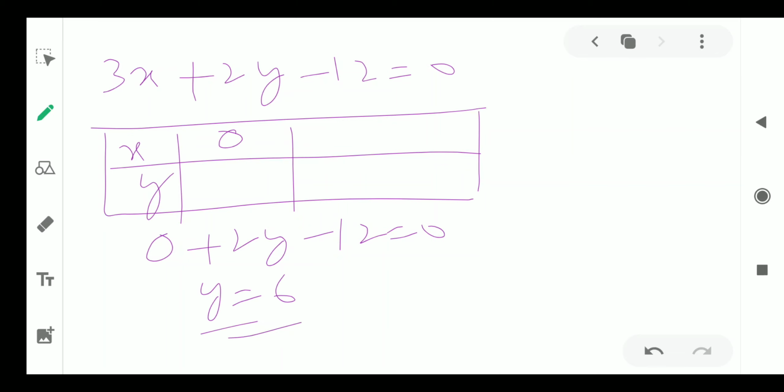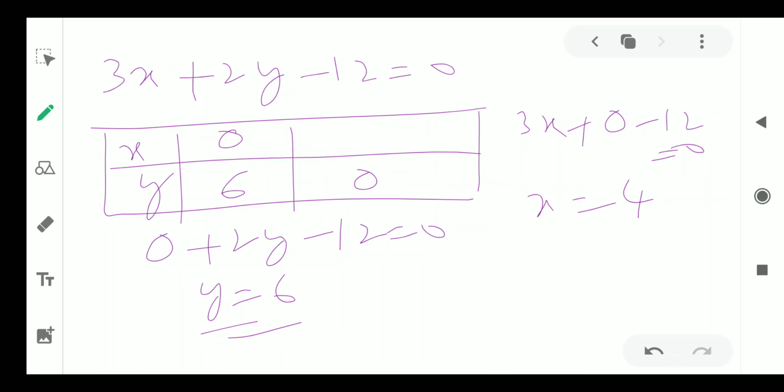Similarly, when I put y as 0, on the x-axis where it cuts, this will become 3x plus 2 into 0 is 0, minus 12 is 0. So 3x is equal to 12, x is equal to 12 by 3, which is 4.